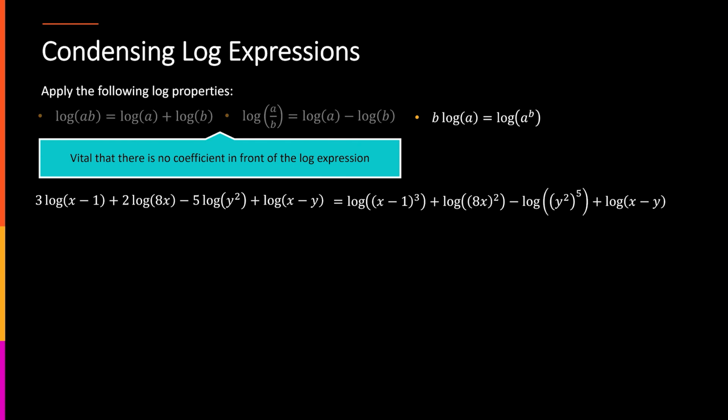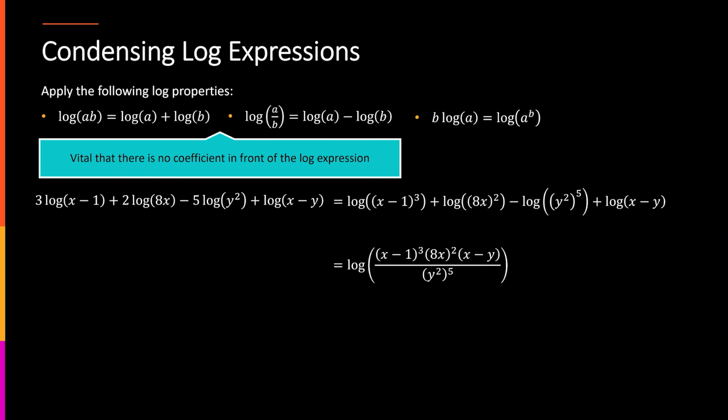So once I've done all of that, then I can actually use my product and my division parts, which again, I'm trying to go backwards. I'm trying to take stuff that's added together and put it as multiplied. For example, here, these things are being added, so the arguments are going to get multiplied together. This is being subtracted, so that's going to end up going in the bottom using our second property.